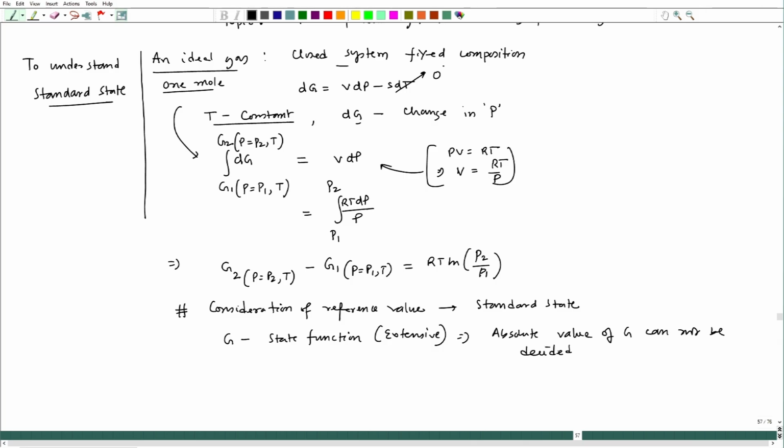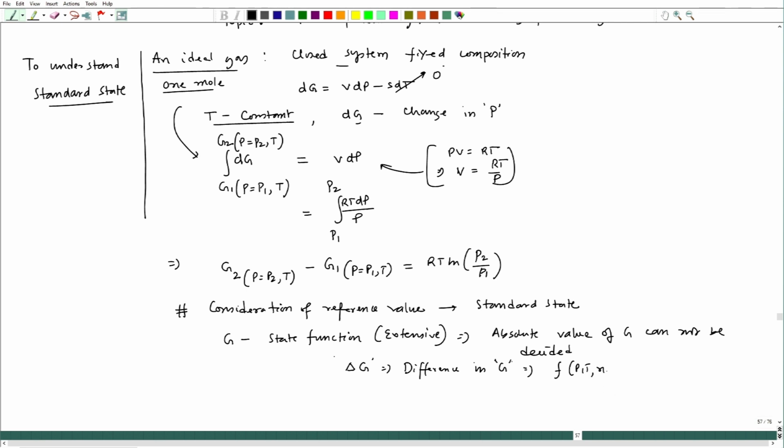Okay. So, that is the issue with G, but definitely we can calculate delta G, which is the difference in Gibbs free energy, as a function of P, T, or n i, let us say.